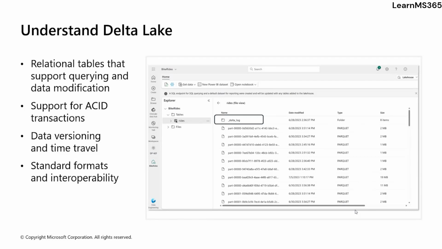Additionally, you can use the SQL endpoint for Microsoft Fabric Lakehouse to query delta tables in SQL. Okay. So, this was about Delta Lake. Now let's move on and see how we can create delta tables using code in Spark.